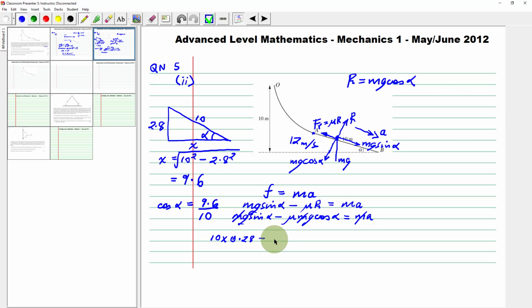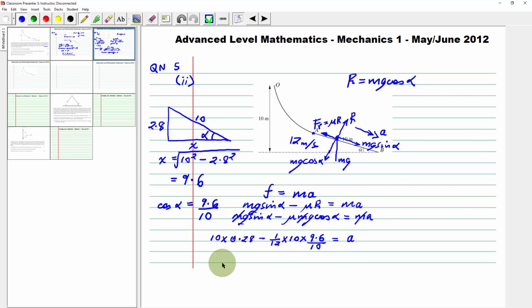Minus mu is 1/12. Again, g is 10. Cos alpha is 9.6 divided by 10, and that is going to give us a.